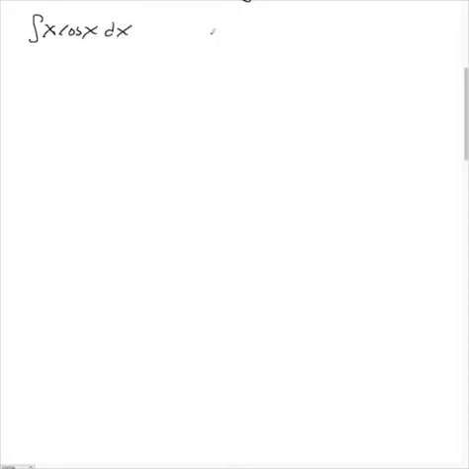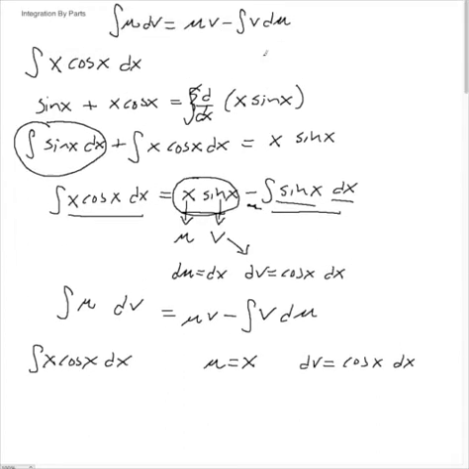What I would do is I'd have to pick u, and in this case I'm going to let that be x, and then I would have to pick dv, and dv is going to be cosine x dx. And the reason I have to do that is because, just look back at the formula up here, we're trying to turn this into the integral of a function u dv, and that's going to be equal to these things over here.